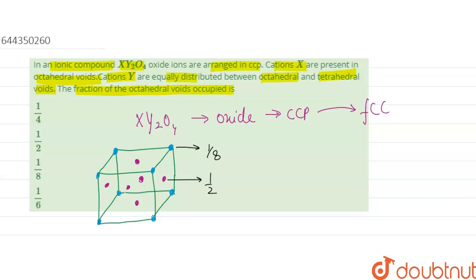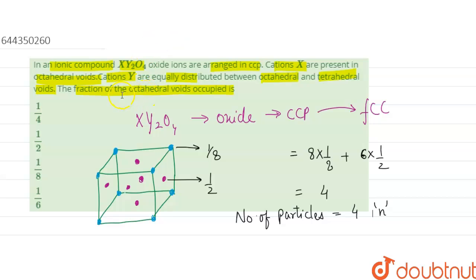So the number of particles in FCC will be 8 into 1 by 8, because the number of corners is 8 and each corner atom contributes 1 by 8, plus 6 into 1 by 2, since there are 6 faces. So here we get 4. So the number of particles in FCC is 4, or we can call this value n.